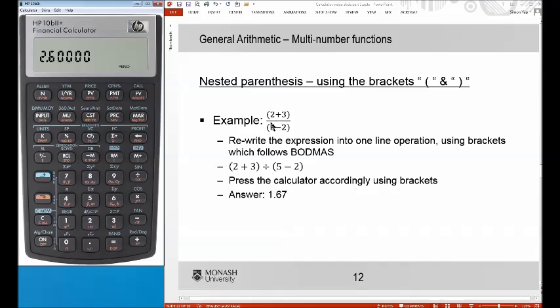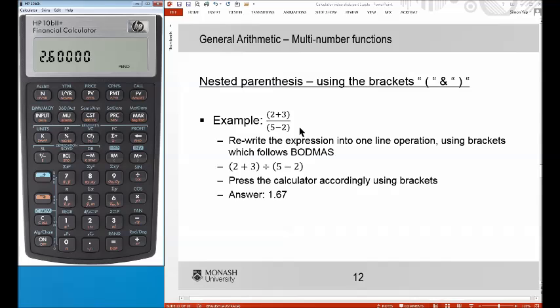To delay the division, we therefore need to use the parentheses or the brackets. And because the calculator will not display the brackets that you have keyed in, sometimes for a complicated operation with more than one open parenthesis, it is hard to visualize how many open brackets have been inputted and how many closed brackets you need to complete the calculation.